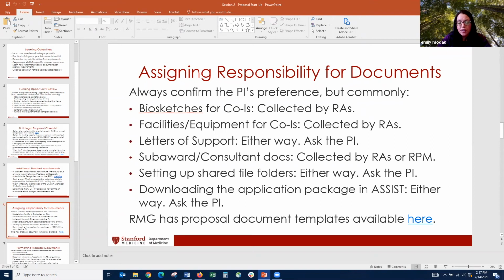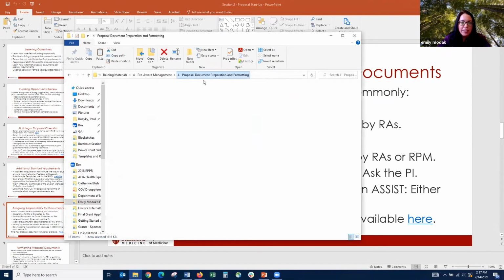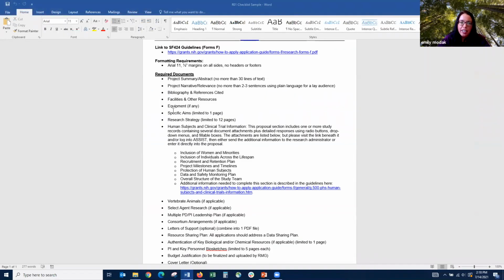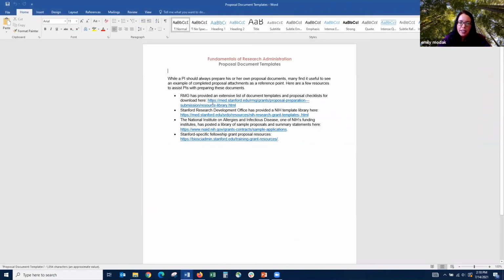And then, the other note I have in here, proposal document templates also live out on the websites. And actually there are multiple places that you can get that. If you look in our training materials, there's a document with a link to the RMG document templates. There's also Stanford Research Development Office has an NIH template library.